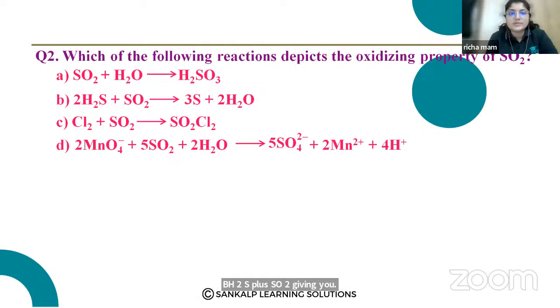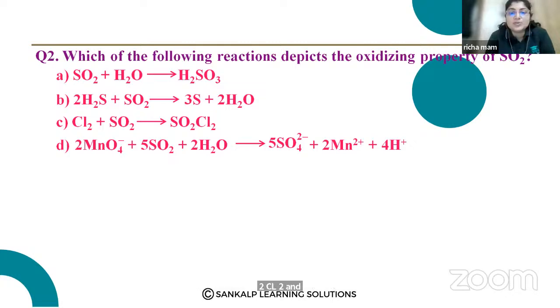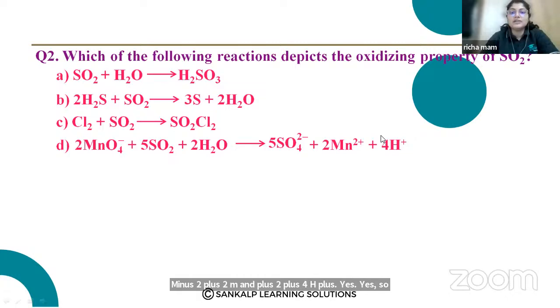C, Cl2 plus SO2 giving you SO2Cl2. And D, 2MnO4 minus plus 5SO2 plus 2H2O giving you 5SO4 2 minus plus 2Mn2 plus plus 4H plus. So which of the following will depict the oxidizing property of SO2?